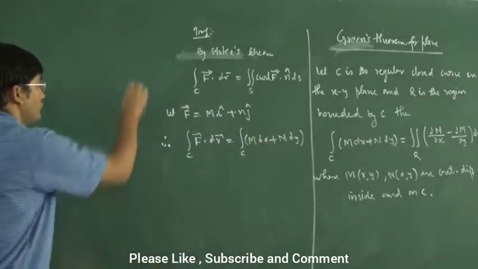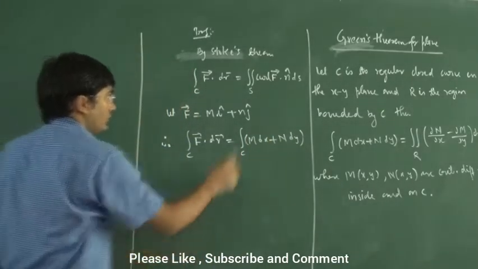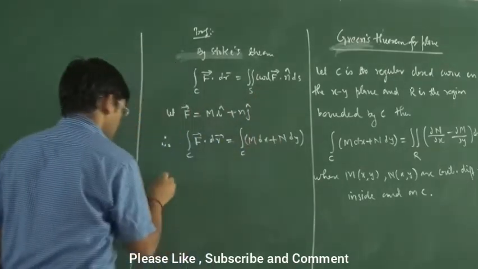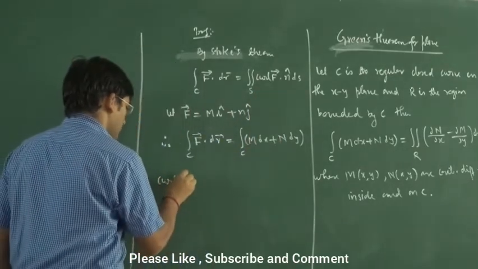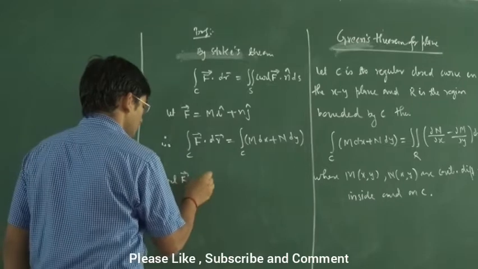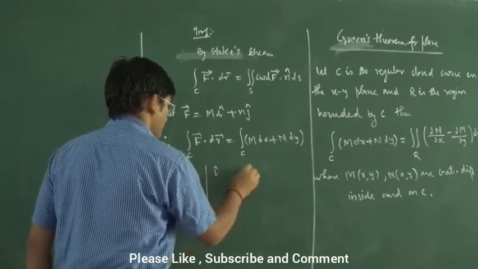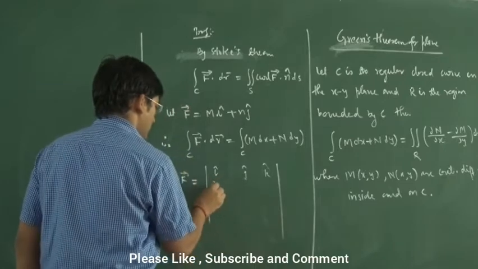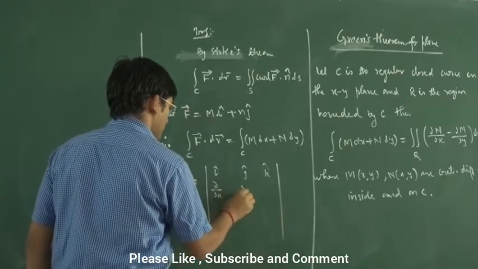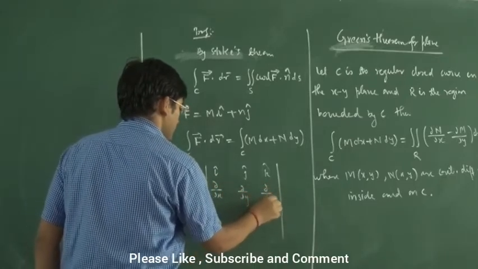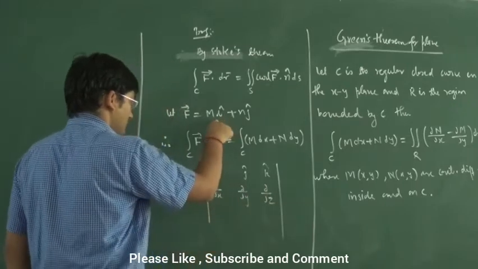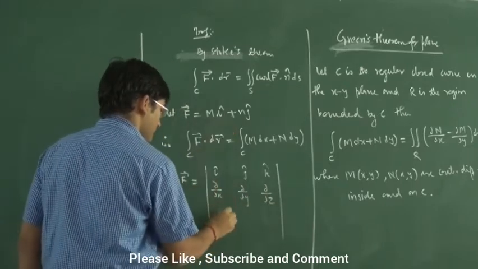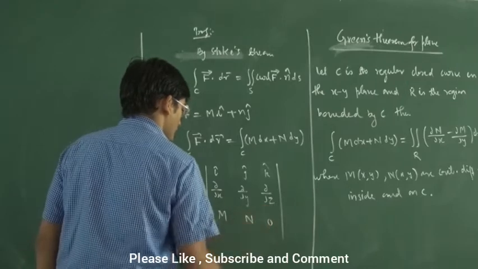Now what about the surface integral? For that we need your curl F. Let us evaluate the curl of F. This is equal to the determinant with rows i, j, k; del upon del x, del upon del y, del upon del z; and the components of F, which are M, N and 0.